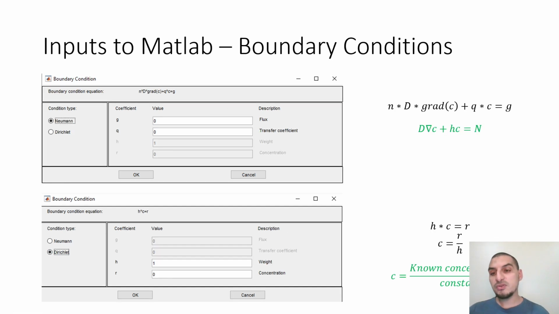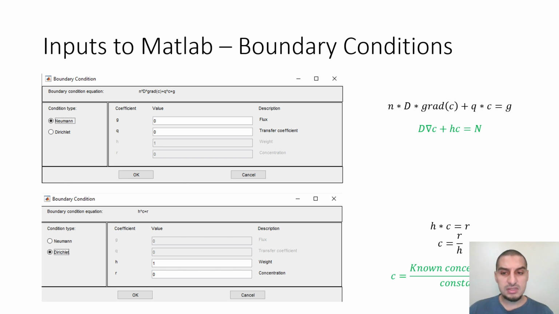And then for the boundary conditions, there is a similar window, and the boundary condition gives you two shapes of the equation here. It says n multiplied by d multiplied by gradient of c plus q multiplied by c equals g, where g is the flux. There are sometimes boundary conditions where n equals something.